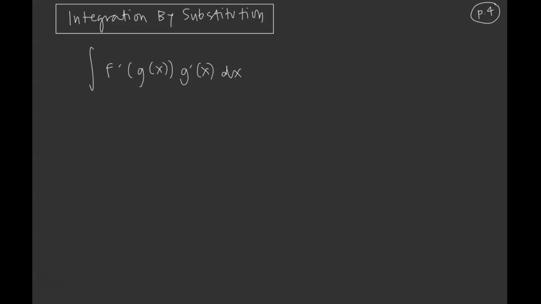What you're going to do is let u equal this inner function. So here you have a function derivative pair. And so we're going to let u equal g of x. So this will be a u now. And this is going to become the integral of f prime of u du. And because of the fundamental theorem of calculus, this is equal to f of u plus c.